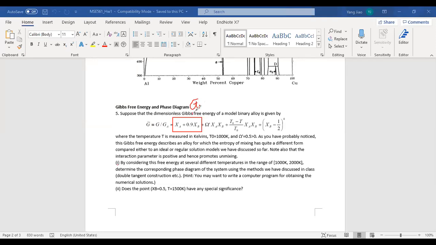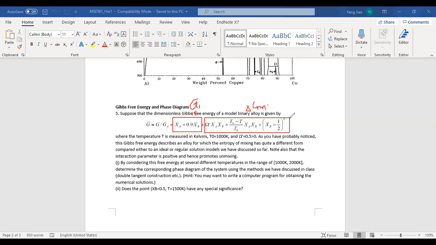All the remaining part is the delta G mix. I just use delta GM. Does this make sense to everyone?